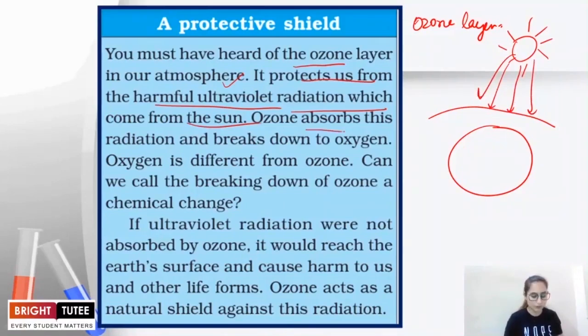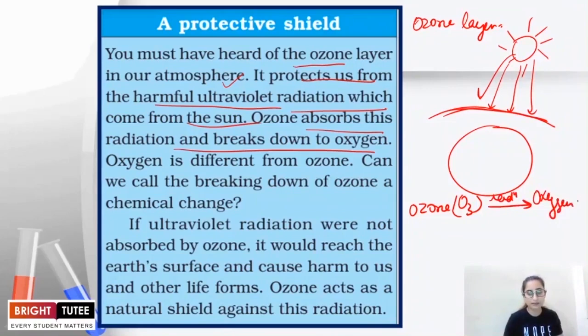Now ozone absorbs the radiations and breaks down into oxygen, right? When ozone, which is O3, absorbs the radiation, it forms oxygen gas, which is O2, right? There is a difference. Ozone is O3 and oxygen is O2.